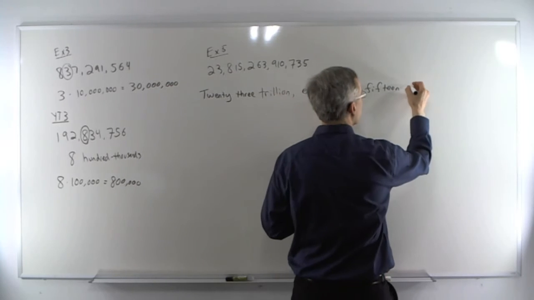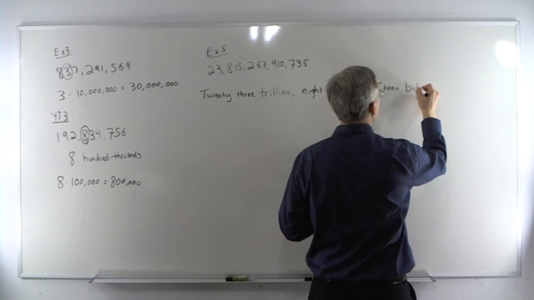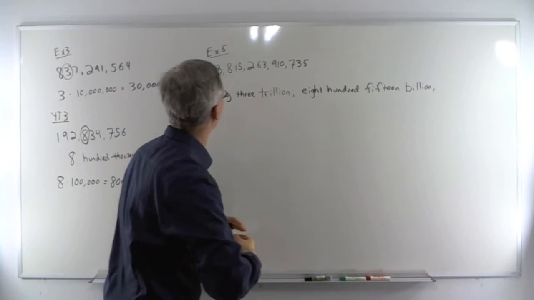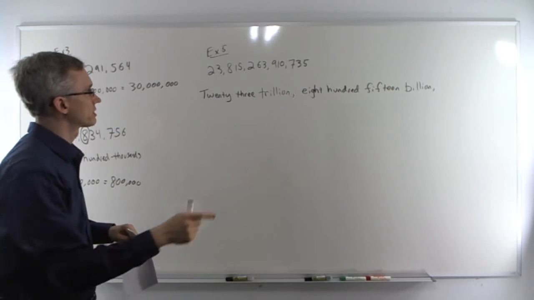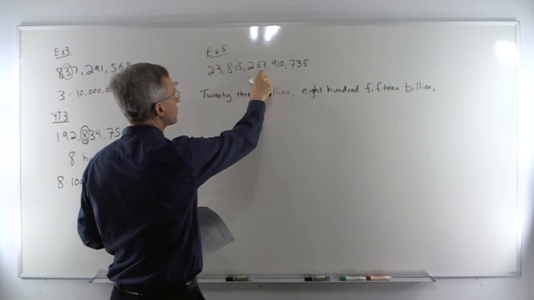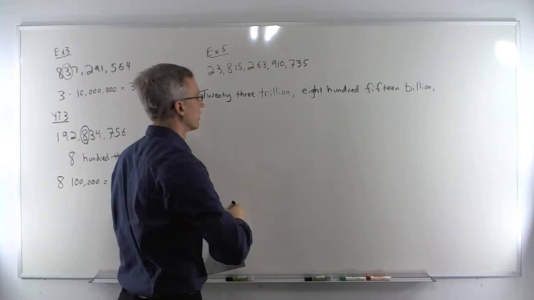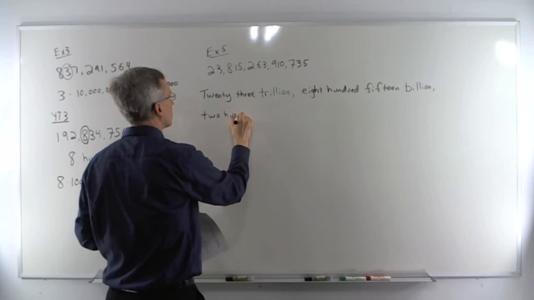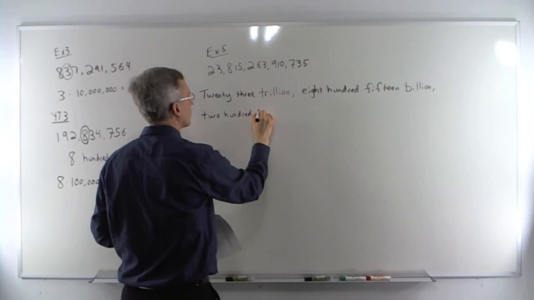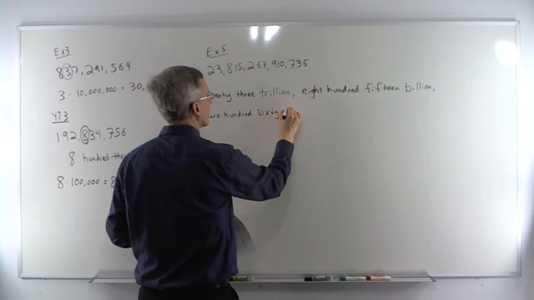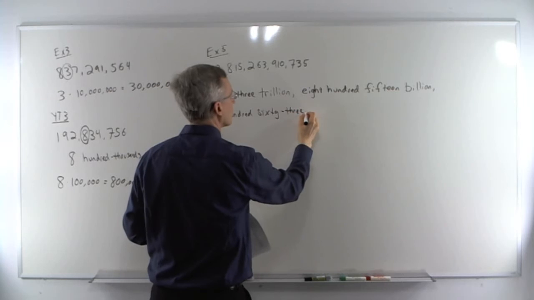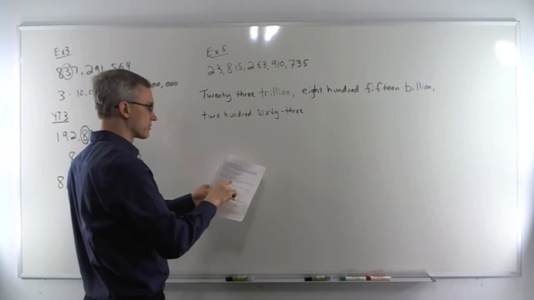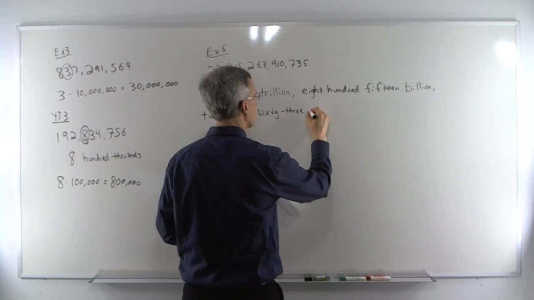So 815, and then just write billion after it. All right, next group of 3, 263. That is the third group over, so ones, thousands, millions, 263 million.